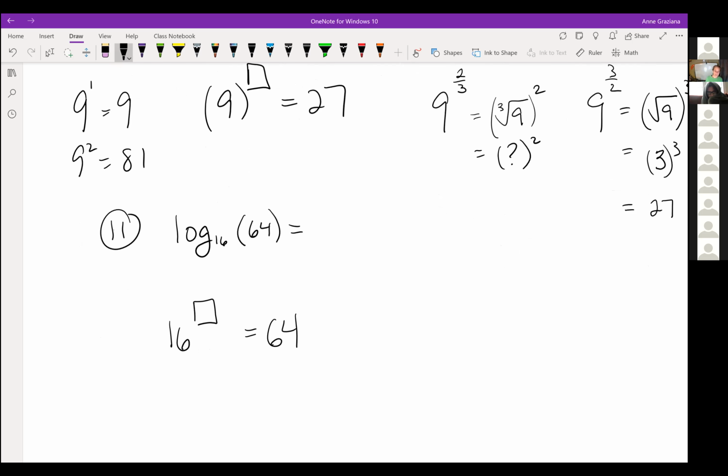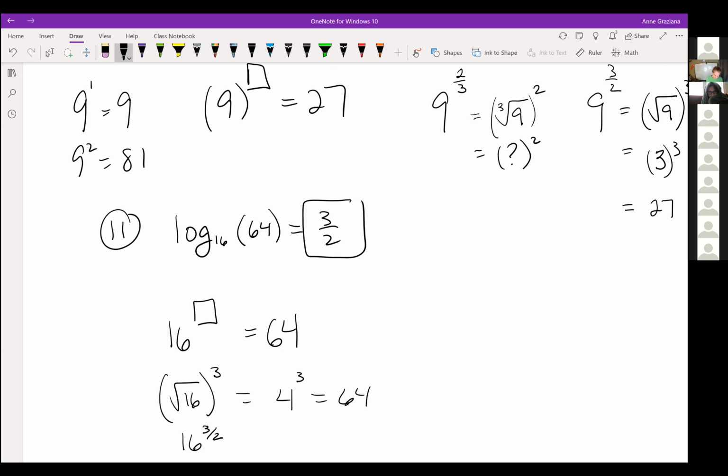Wouldn't it be the same thing again? Right, it is actually the same thing. So if I take the square root of 16 and cube it, that's 4 cubed, which is 64. So it's 16 to the 3 halves. Just to see that kind of twice.